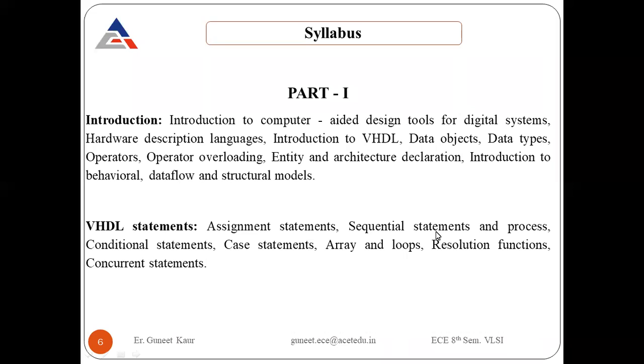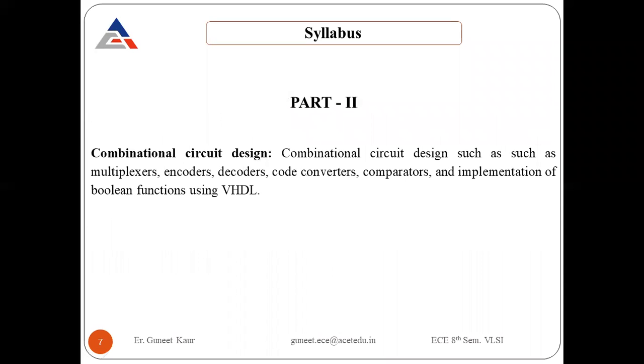This was part number 1. Now I will discuss part number 2. After learning the basic concepts, now we will apply these concepts to the designing part.